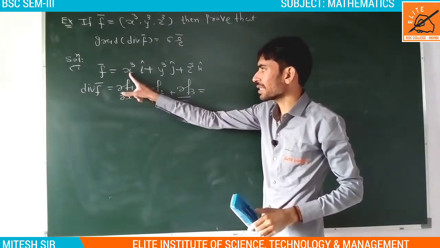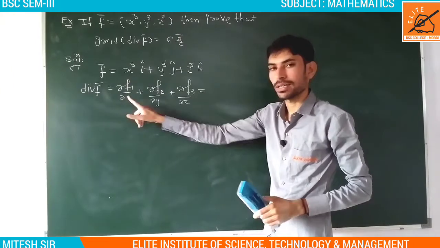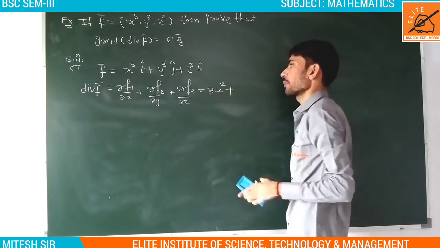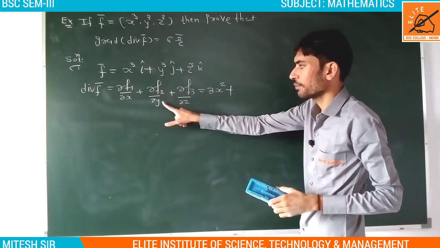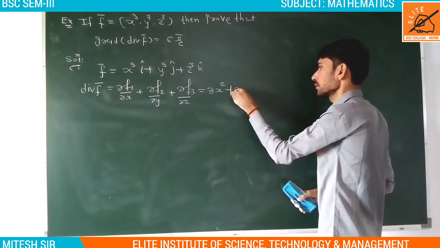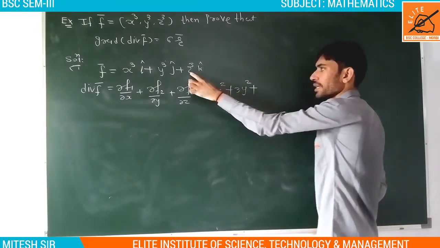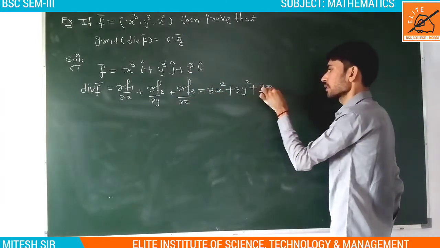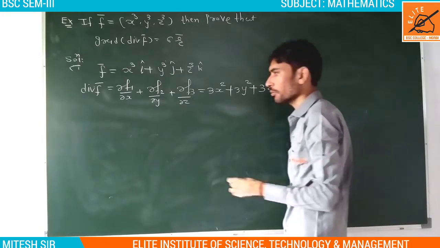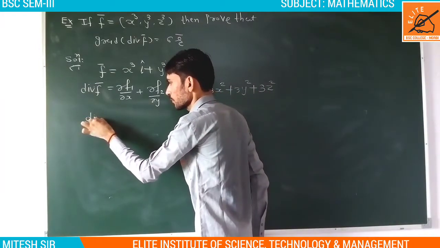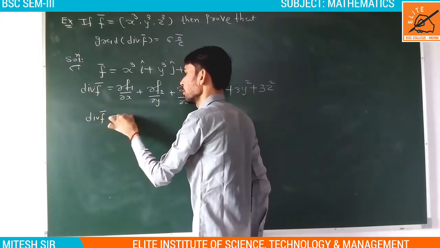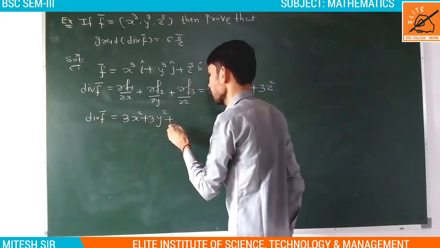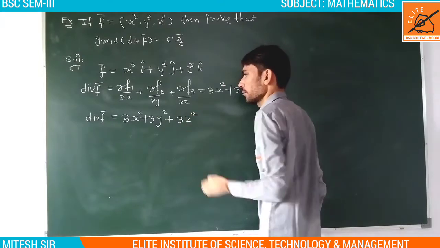Our f1 is x cube and we are doing partial derivative with respect to x, that means 3x square. Our f2 is y cube, partial derivative with respect to y, that means 3y square. Our f3 is z cube, partial derivative with respect to z, that means 3z square. So this is our divergence. So divergence of f bar is equal to 3x square plus 3y square plus 3z square.